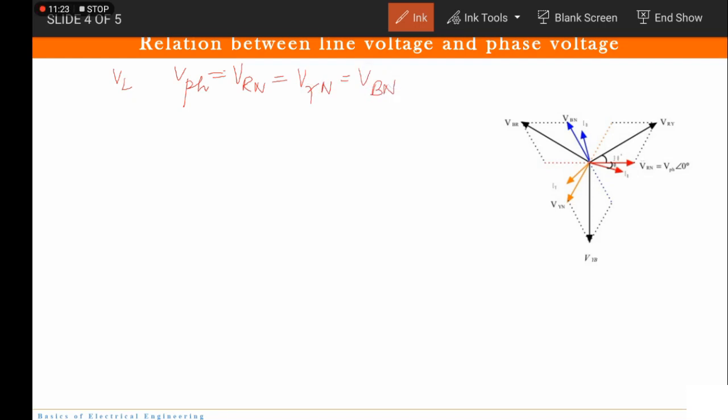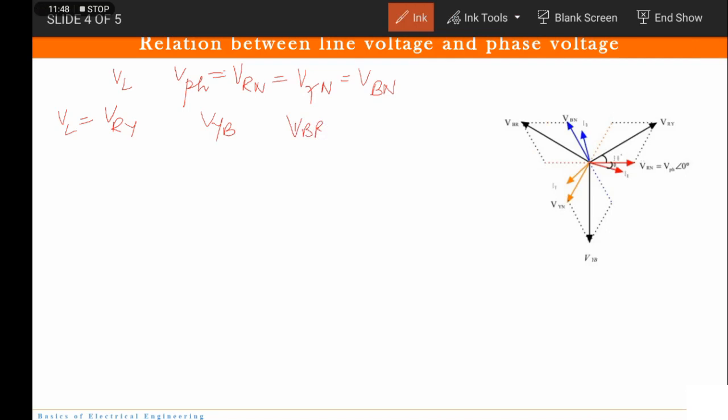But line voltage is the voltage between a pair of terminals, so it will be RY, or YB, or BR.